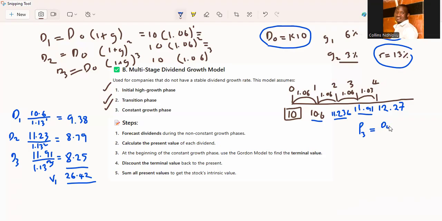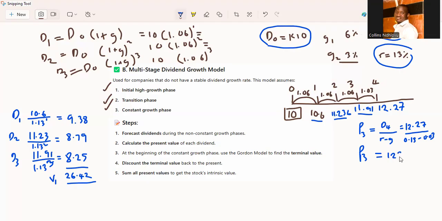It's D4 over R minus G. So our dividend in year 4 was what? 12.27 divided by our R, which is 13%, 0.13, minus the growth rate, which is 3% in this phase, 0.03. So the value of stock in the third year will be 12.27 over 10%, which will be 122.7.